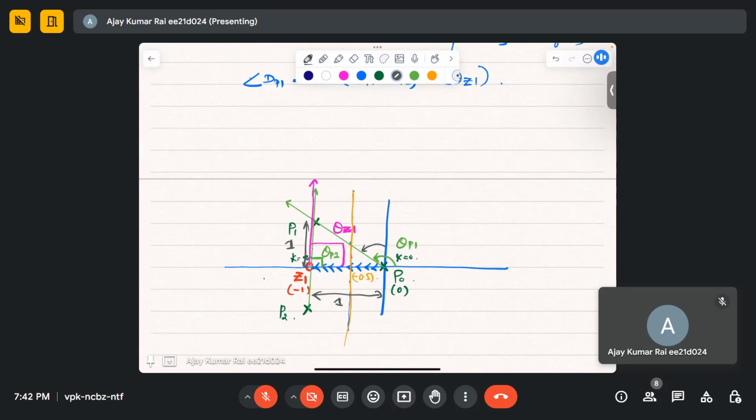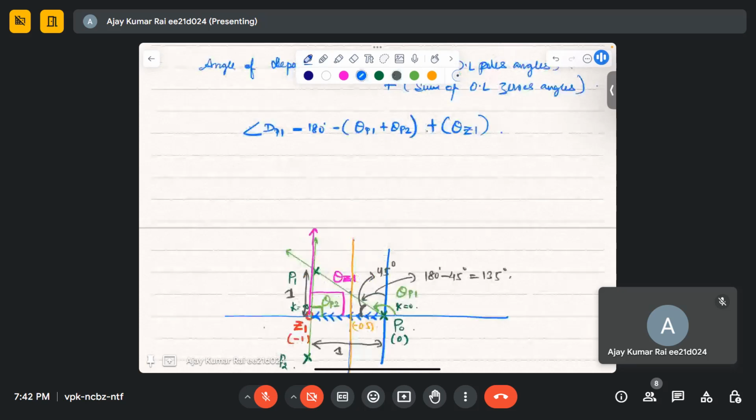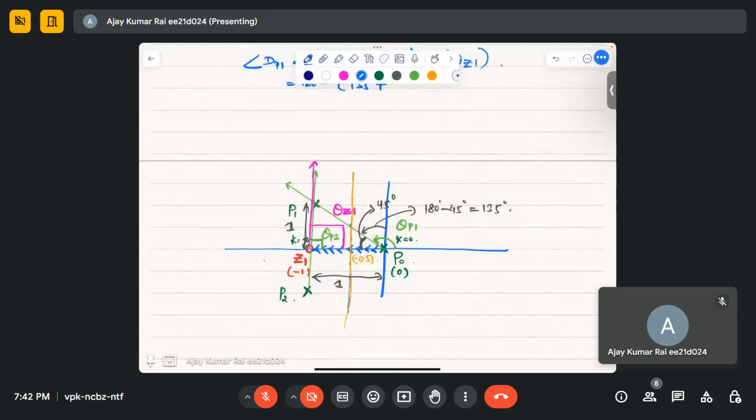Then this angle is 45. And what this angle will be? 180 minus 45, which will be 135. So I'll write theta P1 is 135 plus what is theta P2?